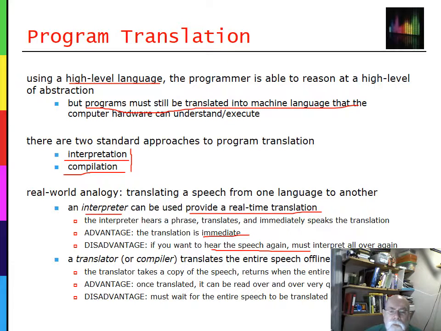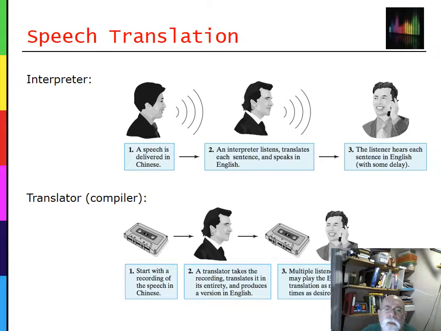With a compiler, once you translate it, it can be read over and over again. So those are real advantages. You don't have to wait for the interpretation to happen. It's already done. Here's an example they use of an interpreter versus a translator, and there is cause in the world for both of these to exist.